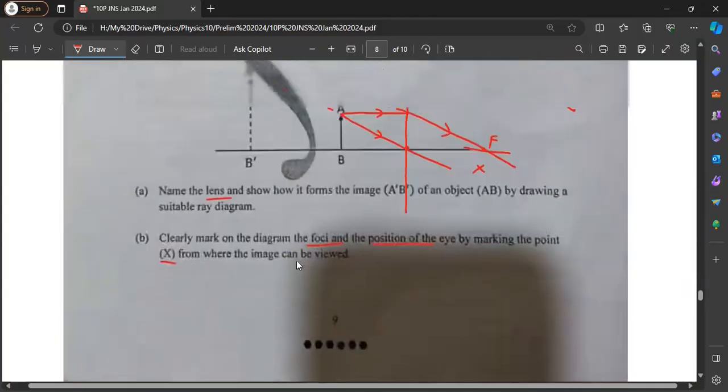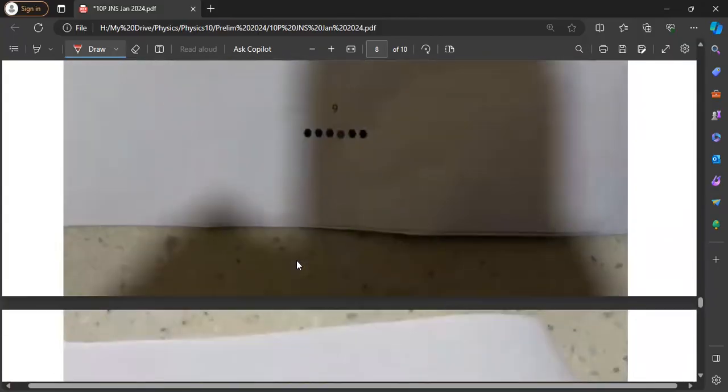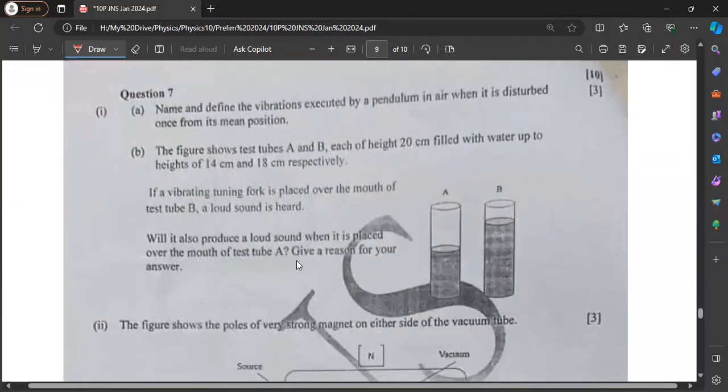I have a doubt in question number 5. Okay, wait now. Yes, sir. Name and define the vibration executed by a pendulum in air. So that will be damped vibration. In the figure shown, test tube A and B, each of height 20 centimeters, are filled with water up to 14 and 18. So this is 6 and this is 2.